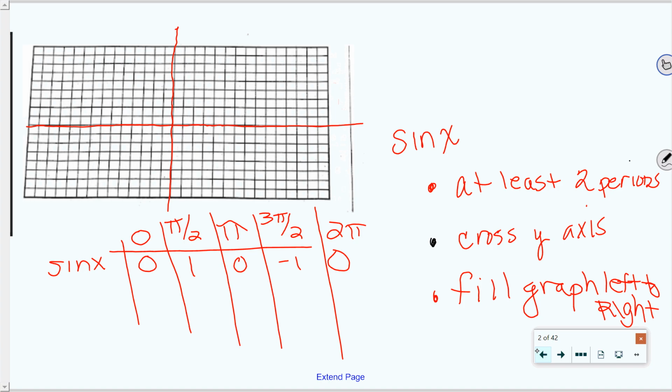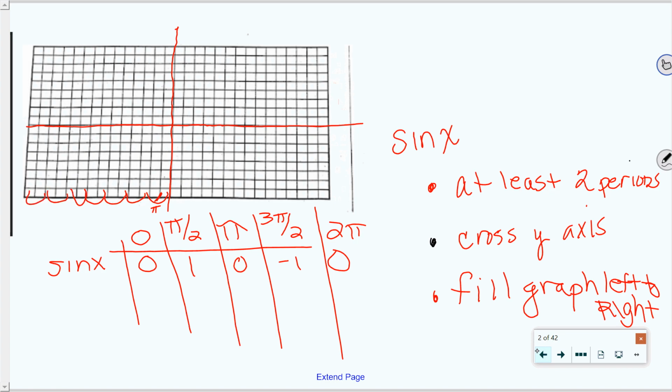So our period, how long it takes me to do one complete revolution, is 2 pi over b, and b is 1, so it's 2 pi long. If I make every single box represent a pi, that's probably a bad idea, because I'm going to get 1 period, 2 periods, 3 periods, 4 periods, 5, 6, 7, I don't know, 14 different periods.